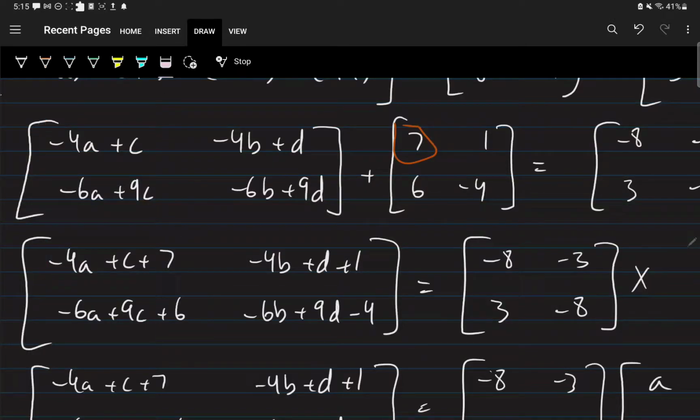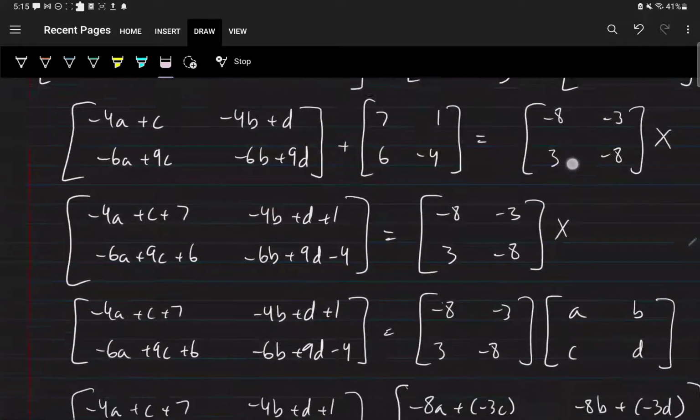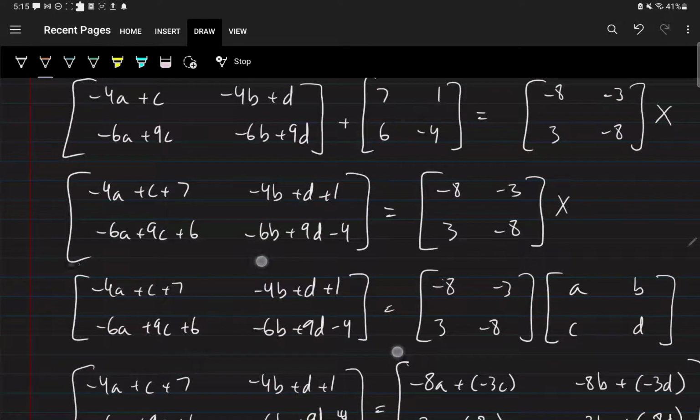Similarly, negative 4B plus D, and adding it with this entry over here, I have negative 4B plus D plus 1. So you add the matrices, and now you have a much simpler looking left-hand side and the exact same right-hand side.